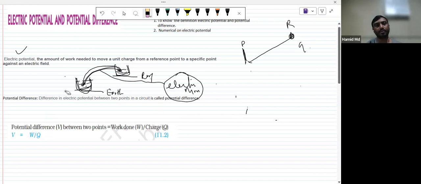You may write this definition: Electric potential is the amount of work needed to move a unit charge from a reference point to a specific point against the electric field.